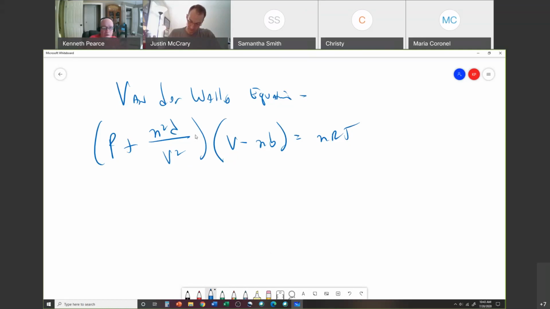You may notice this is very similar to the ideal gas law equation. These terms are correction terms.